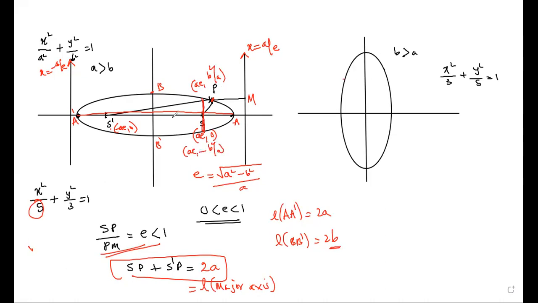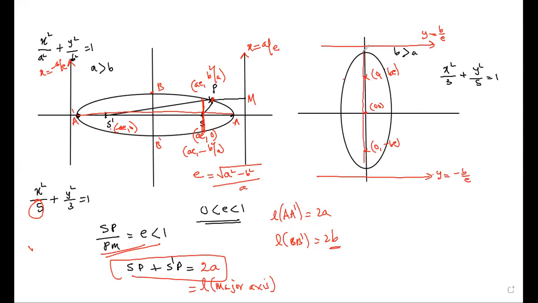Similarly, here we have the directrix this way. So y will be a constant. y is equal to b by e and y is equal to minus b by e. And the foci will be 0, be and 0, minus be. The center is the origin. The major axis will be 2b.